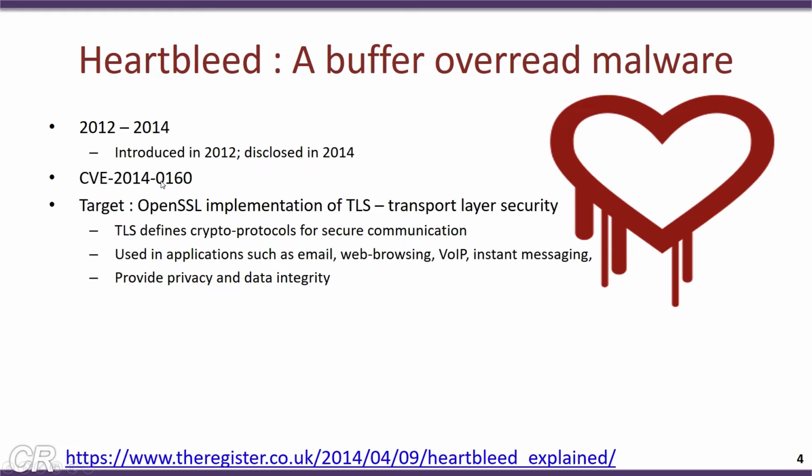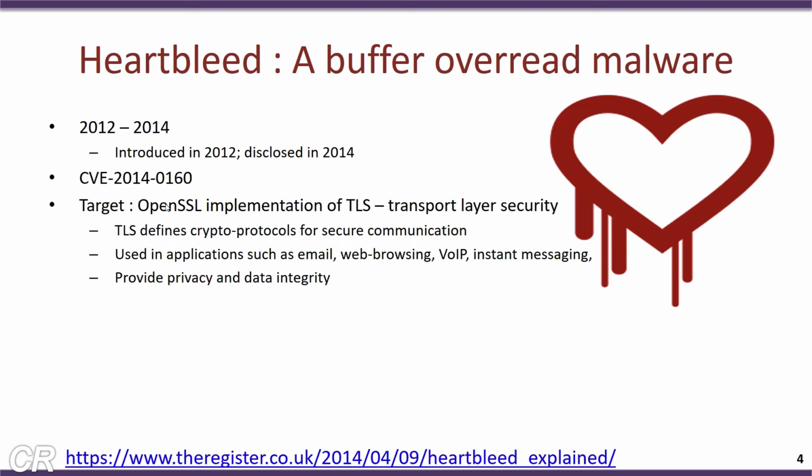This particular bug essentially used a buffer overread to steal critical information from a web server. The target was the OpenSSL implementation of TLS. TLS is Transport Layer Security. This OpenSSL library is widely used when you want cryptography or security in your web server applications.